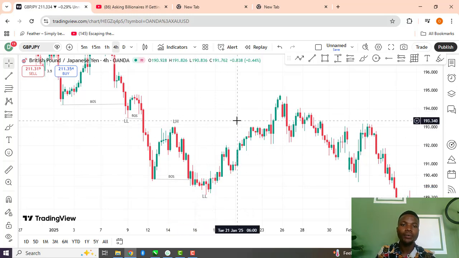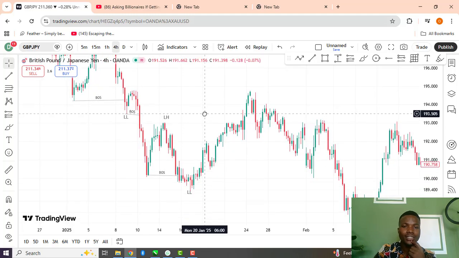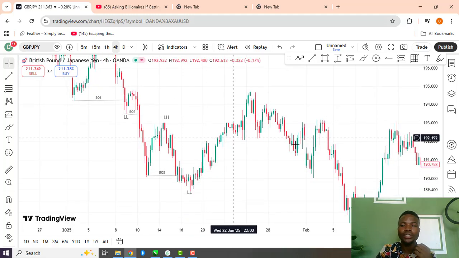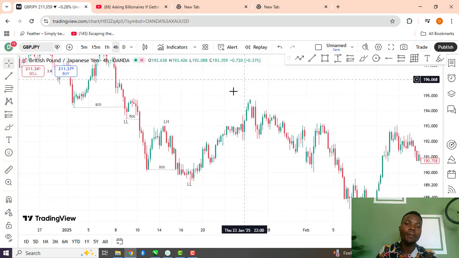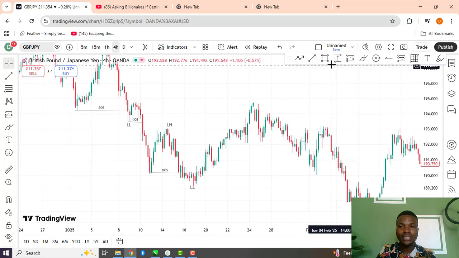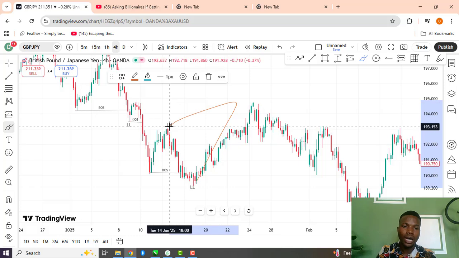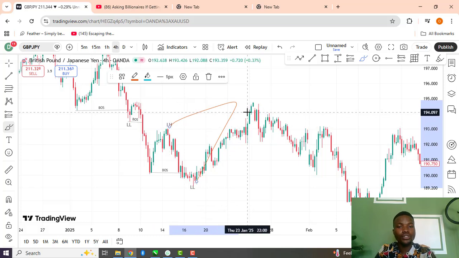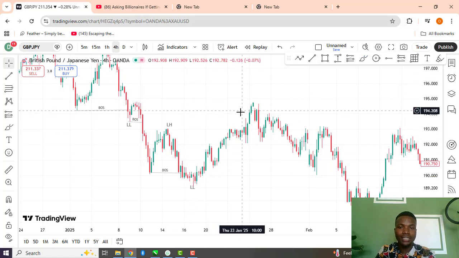Now when price is creating lower highs and lower low, we don't expect price to go above the previous lower high. But in this case we can see that price actually broke this lower high, which is not supposed to be so. But one thing is that sometimes price reacts this way.